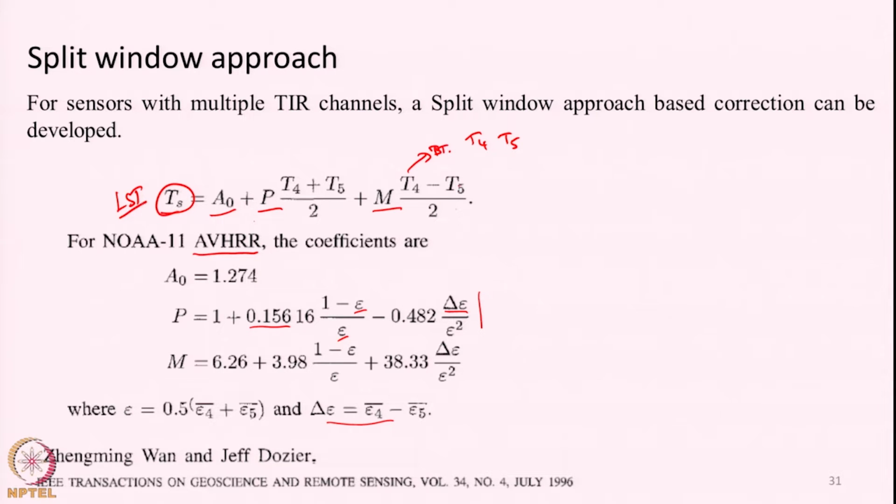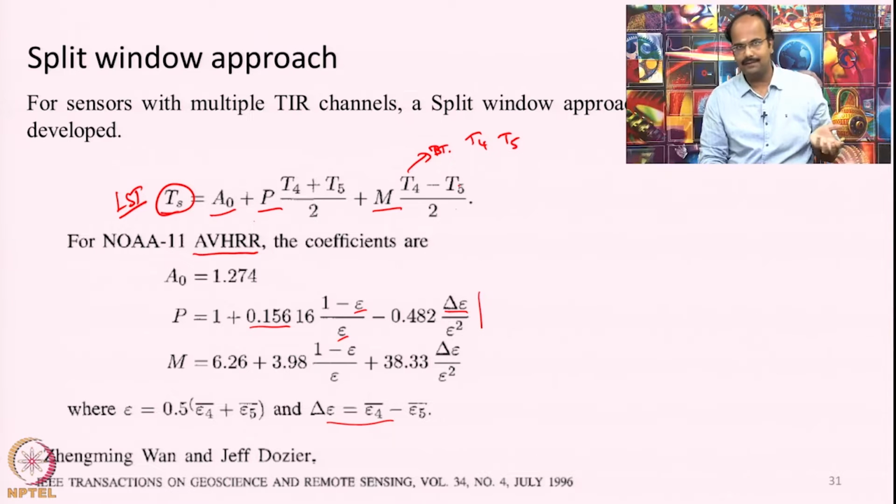Brightness temperature, as I have already told you, is just sensor-observed radiance converted into black body temperature. It will vary from band to band because of atmospheric artifacts and everything. But the actual land surface temperature should not vary in whatever band we look, that is the physical concept.